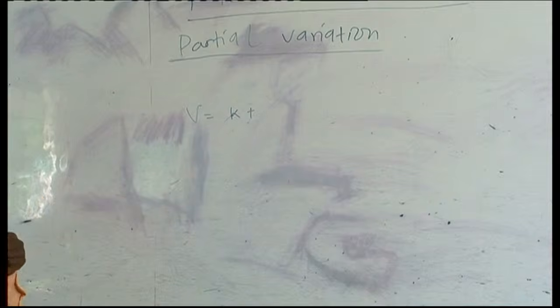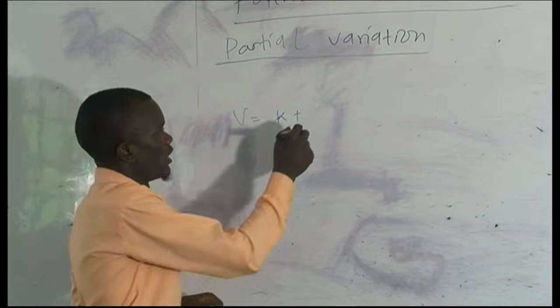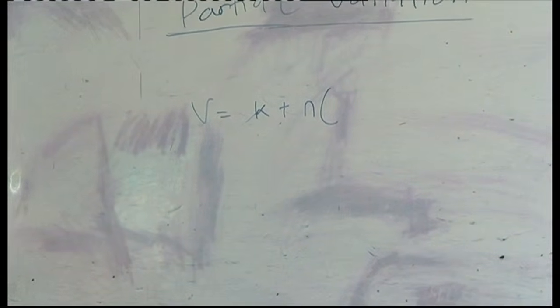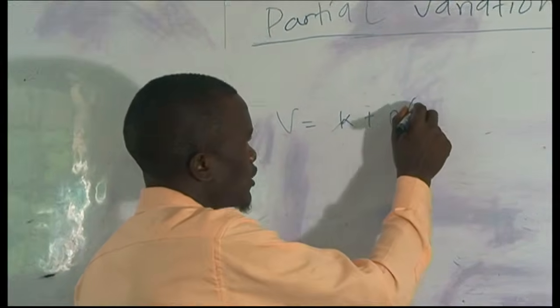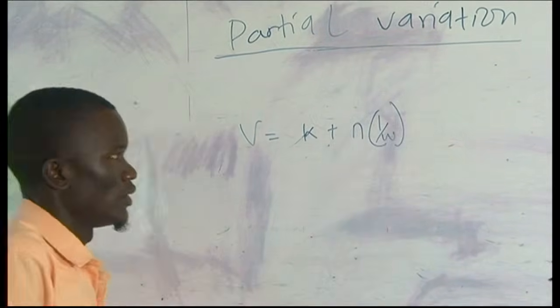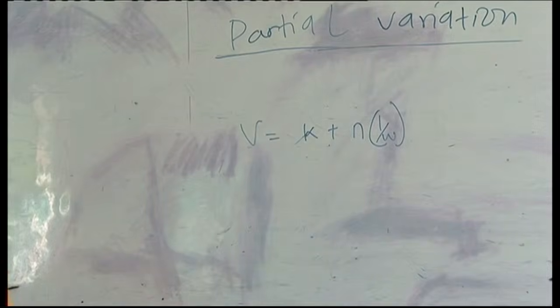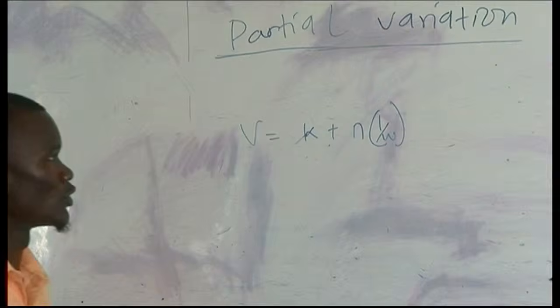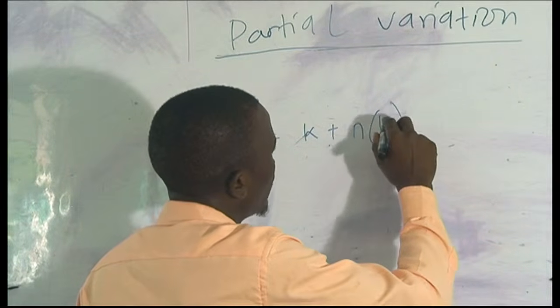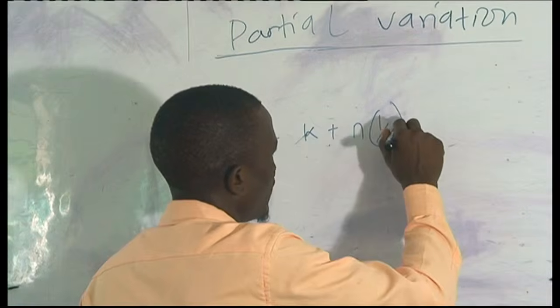Plus, now we may need to introduce a constant again under that, so plus a letter N into the inverse of W. What is our inverse of W? Our inverse of W is the same as 1 over W into 1 over W. But we have been told it is the square of W, so 1 over W squared.